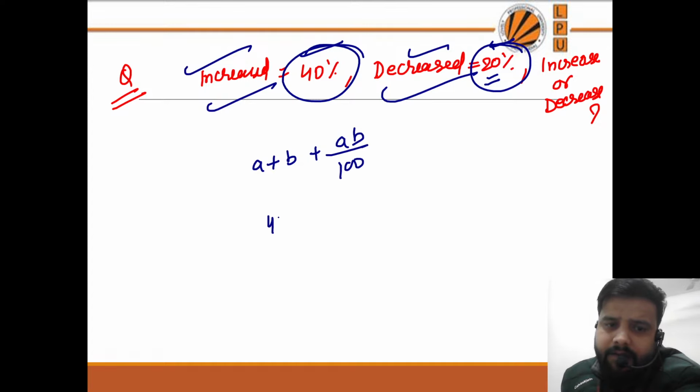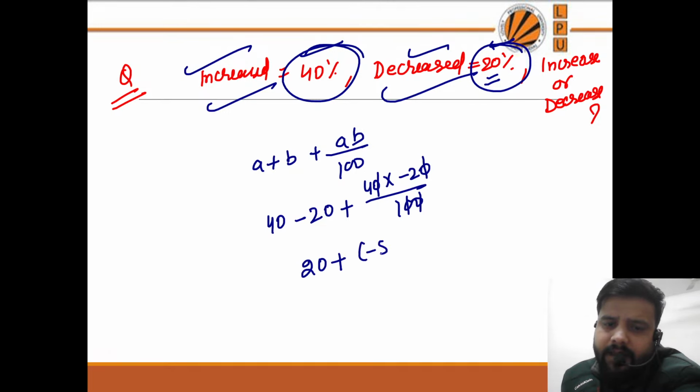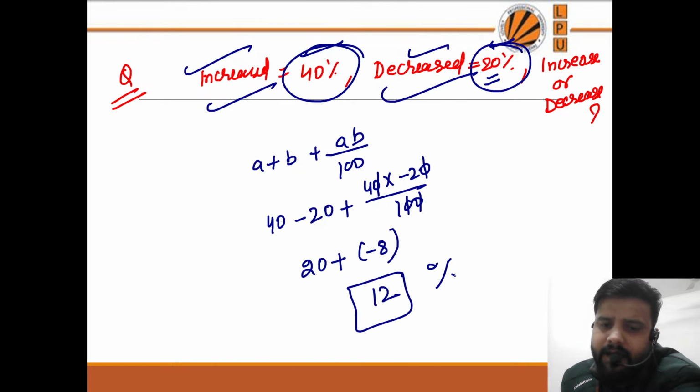So here you will write 40 minus 20 plus 40 into minus 20 divided by 100. So when you solve it, it will give you minus 8, and finally you are getting 12. When the final value is coming in positive, it means it is an increase. If the final value is negative, it will be a decrease.